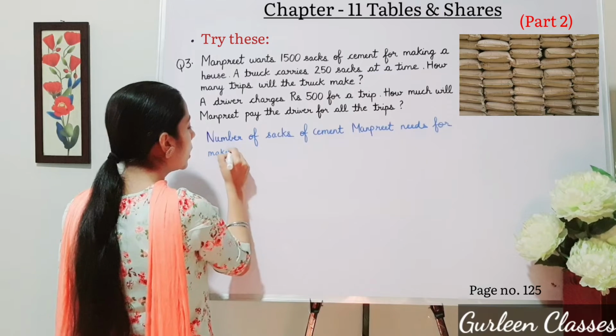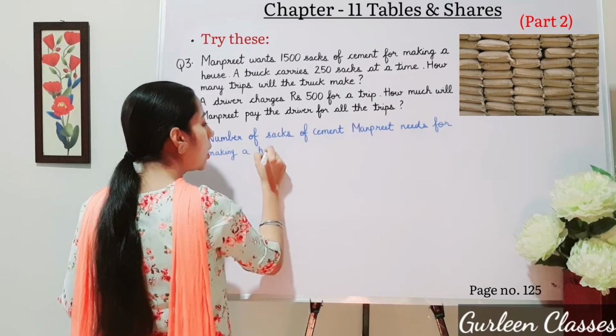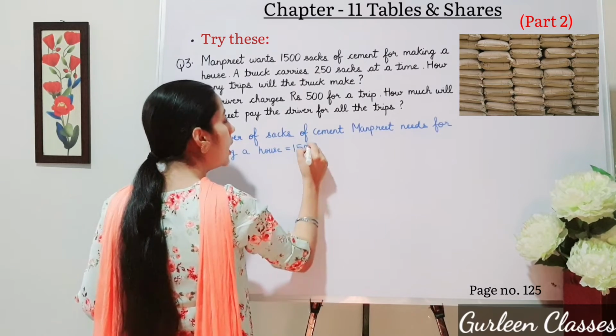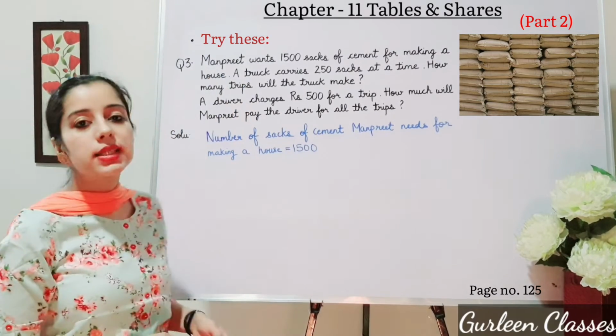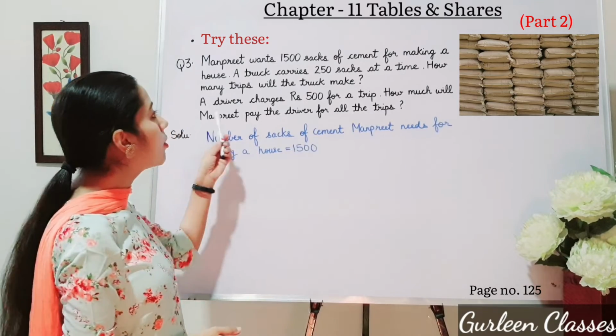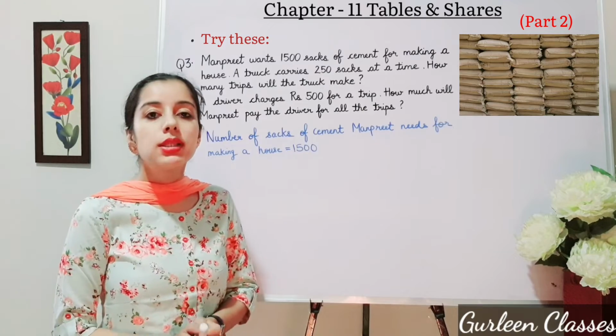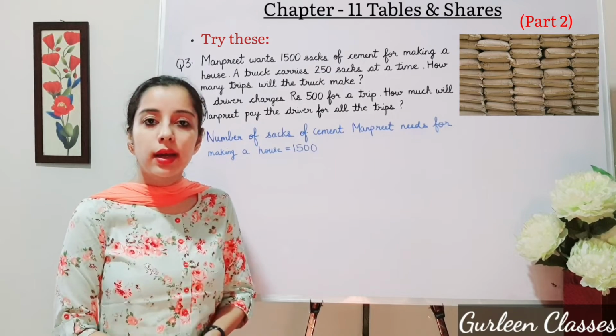For making a house is given 1500. It is given here 1500 sacks of cement. Now a truck carries 250 sacks at a time. So sacks carried by the truck in one trip.